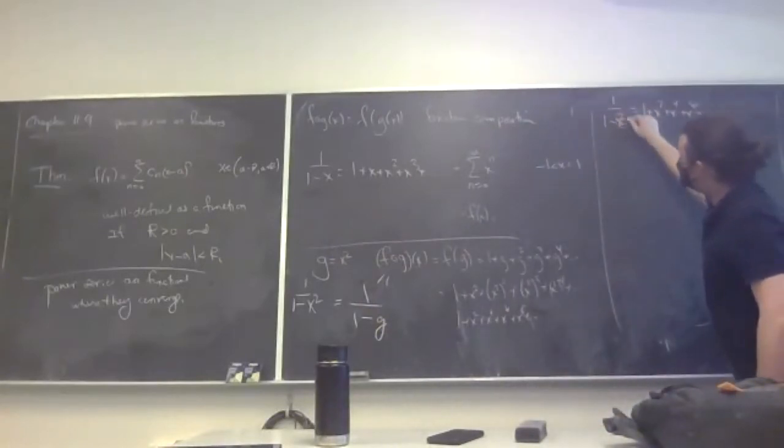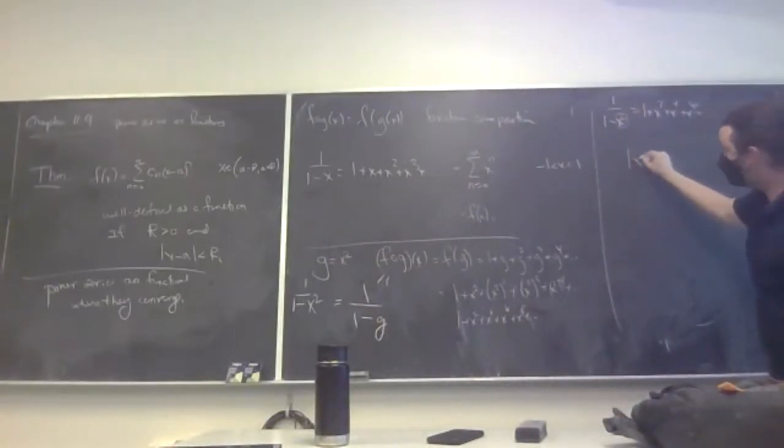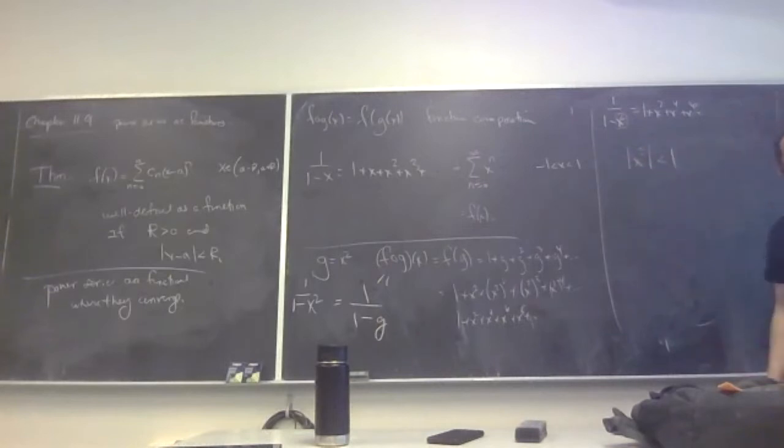Whatever goes in this box has to have the property that that rule holds, or this formula doesn't make any sense. Whatever's in this box had better be between -1 and 1. Well, this is easy in the case of x squared because the absolute value of x squared is less than 1 whenever this is true. So the idea is I can't just compute a formula.